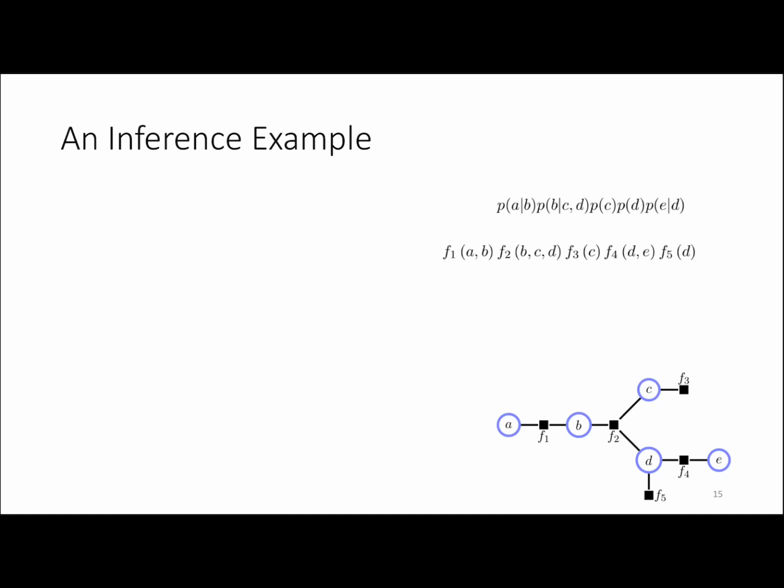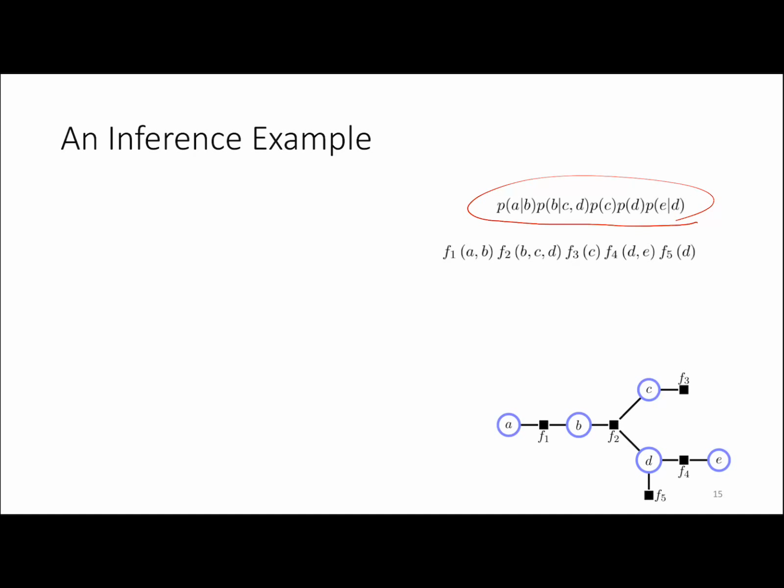All right, so let's start with an example. Let's say that we are given this factor graph, and it's coming, let's say, from a directed graphical model. The factorization on the top is a joint distribution of P(A, B, C, D, E).